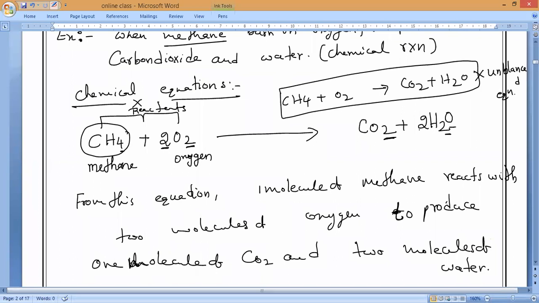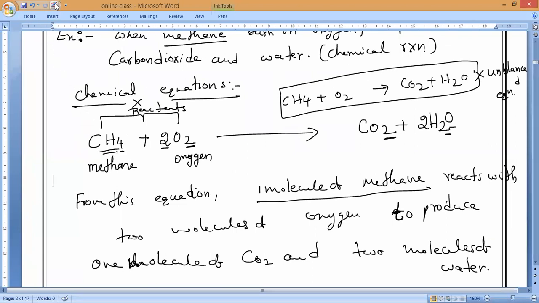Only if we balance it can we know how many moles of different products we are getting. Because in class 9th you studied the mole concept.